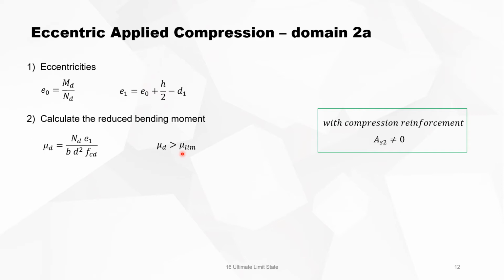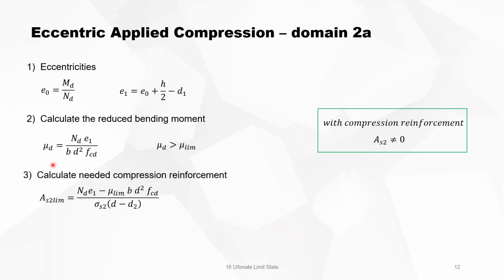The chosen value can be the one for rotation capacity or the one for yielding of the steel. You can in fact also say, okay, we don't use a mu limit, but we just put tension reinforcement without a specific goal. So it means that you choose a compression reinforcement, and by doing so, you can reduce a little bit mu d. We will have an example just now.